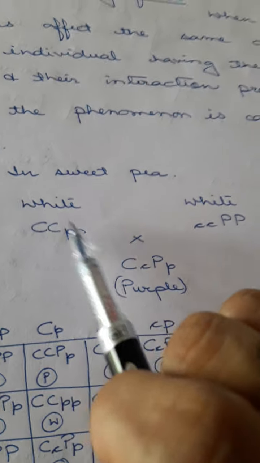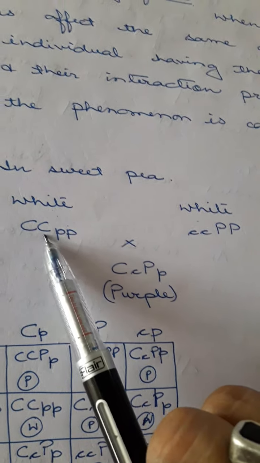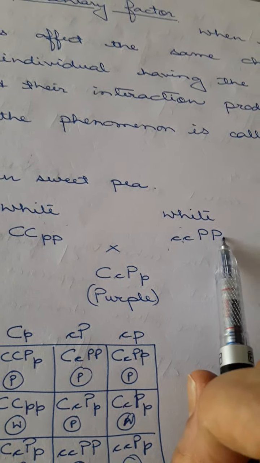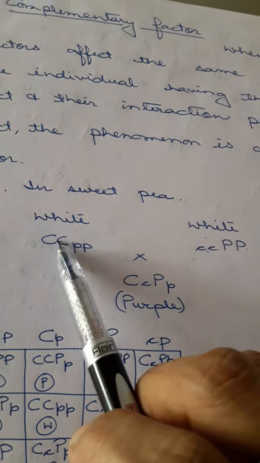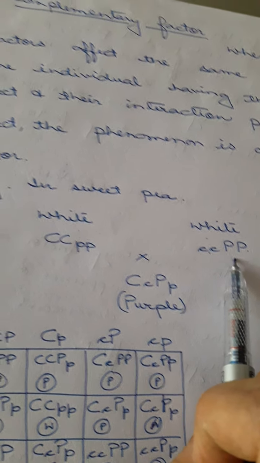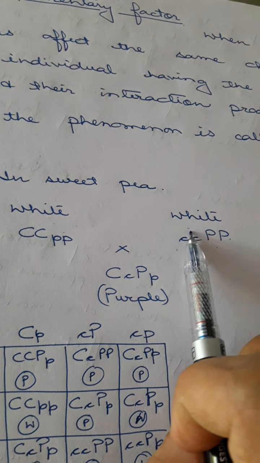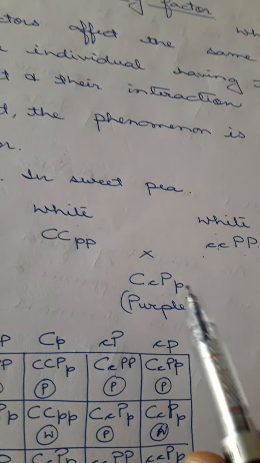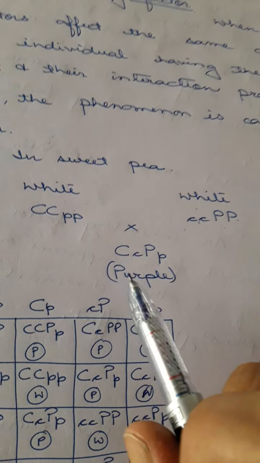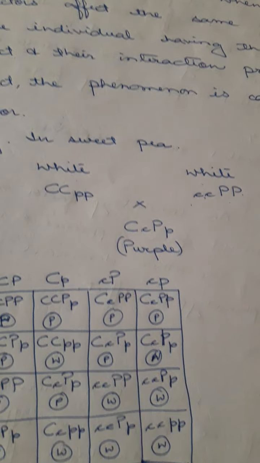In sweet pea, these two are the flowers. One is a white flower with capital C, small p, and the other with small c, capital P. These two dominant genes individually produce white color, but when they combine together they produce a different type of phenotype. From that we get a ratio of 9:7.